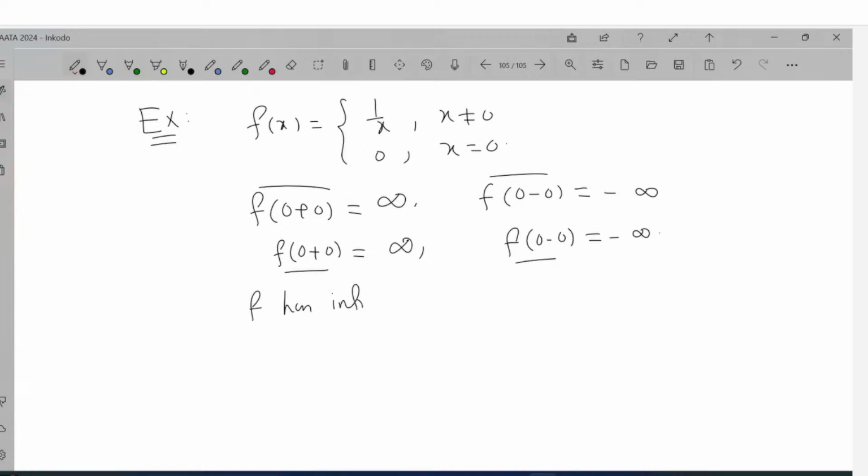So h has infinite discontinuity on both right and left of 0.